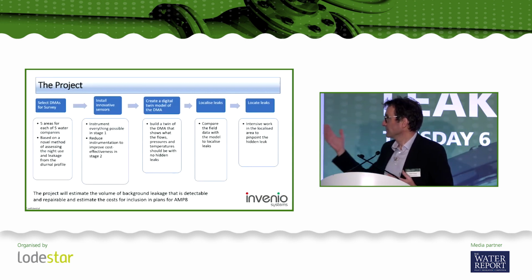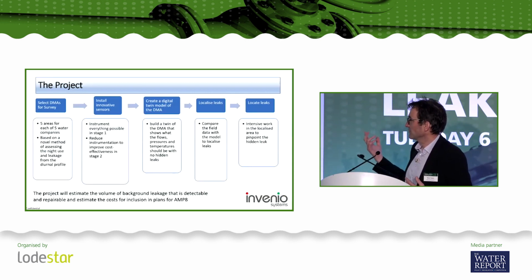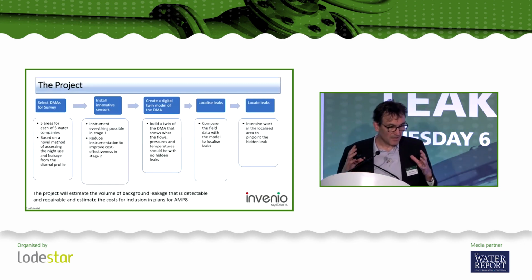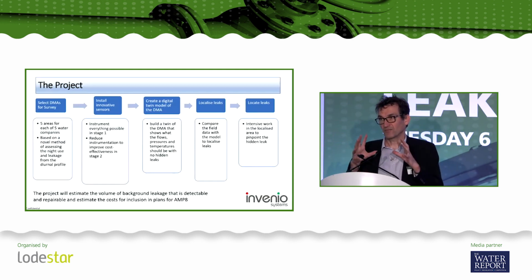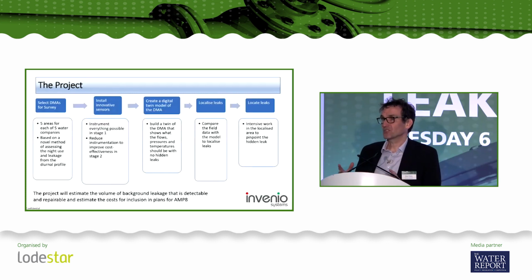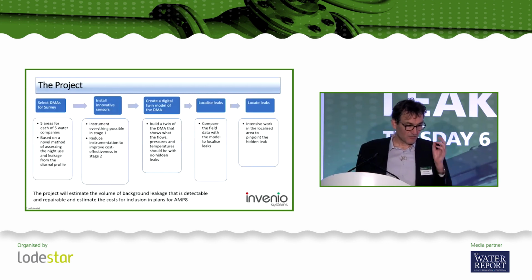This is an indication of the project process: we are planning to take 25 DMAs across five water companies, and instrument everything that it's possible to instrument in a set of those DMAs. We build a twin of the DMA so that we can identify what we expect to have for flows, pressures, temperatures and transients, then compare to what we've actually got and use the comparison to localize leaks.